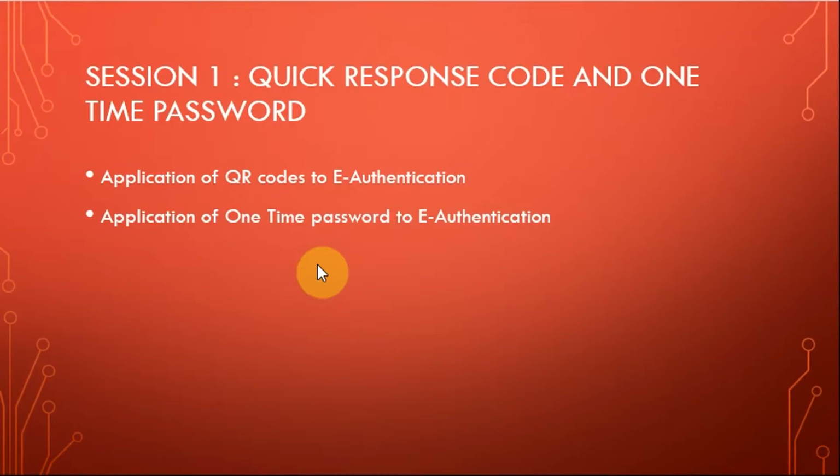We can automatically generate quick response codes via code, like using C# or any other programming language that you're familiar with. But since we're talking about C# and ASP.NET, later on in this video series we're going to see how we can use the QR codes to authenticate users on our website. So the QR codes can be applied to authentication.